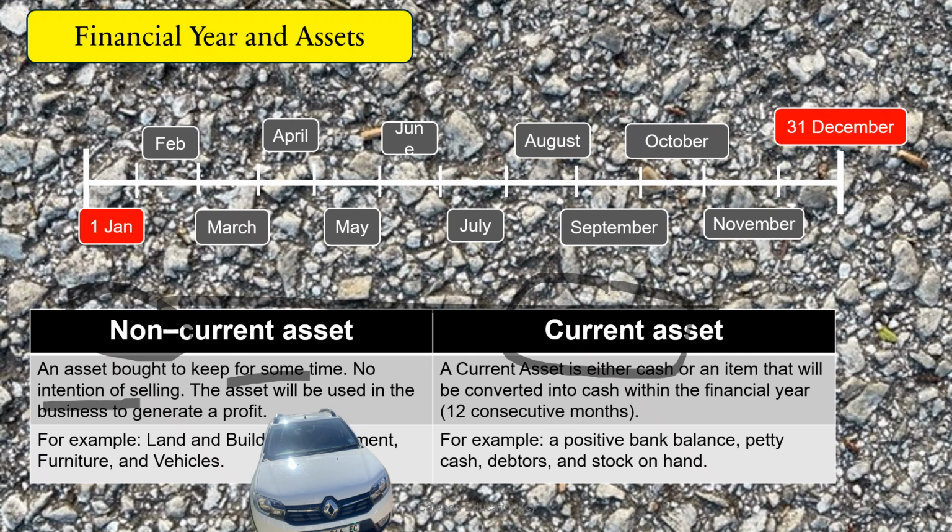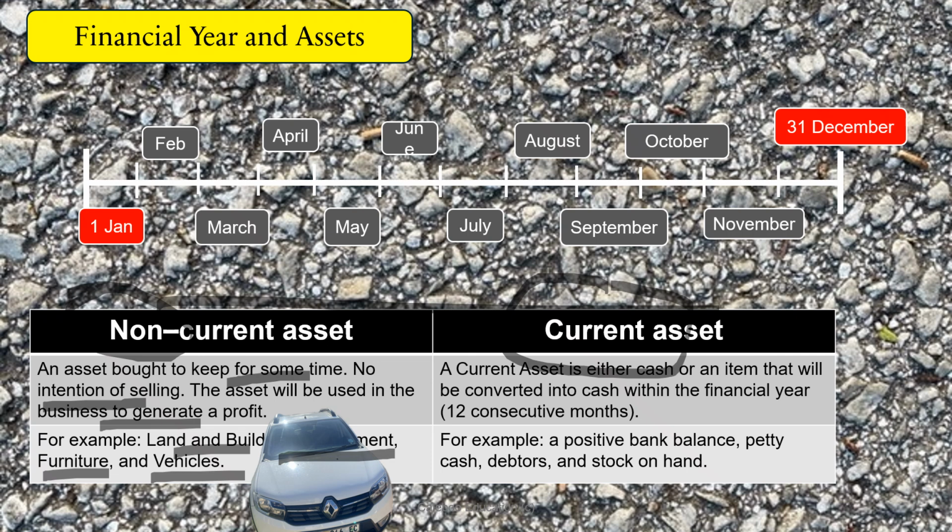We've got no immediate intention of selling these assets, and these assets will be used to generate a profit. For example, land and buildings, equipment, furniture, vehicles. Those are all examples of non-current assets.